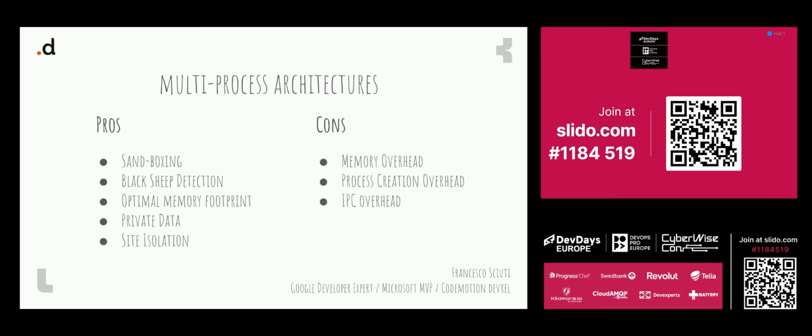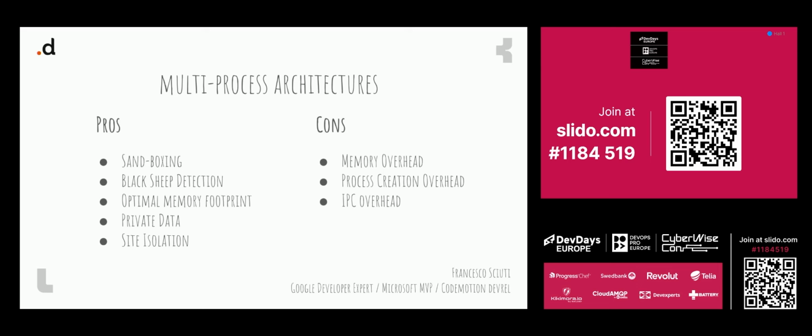And the first one is sandboxing, and it is like a security bubble that isolates processes from the underlying operating system. And so if one process is afflicted by malware, for example, the damage is contained inside this bubble without compromising the whole browser experience and the operating system experience.